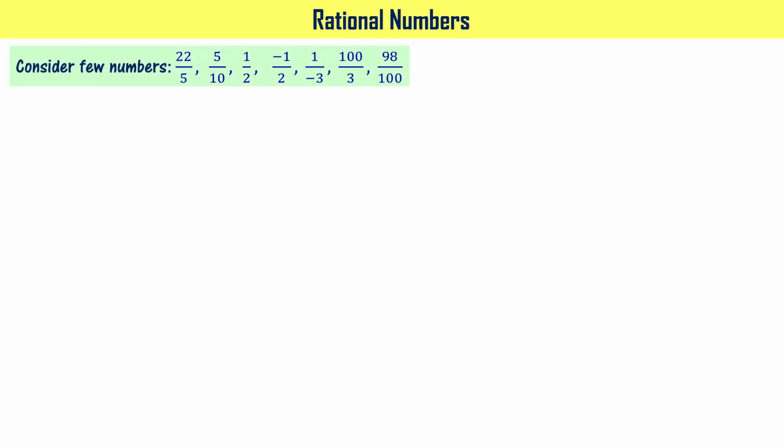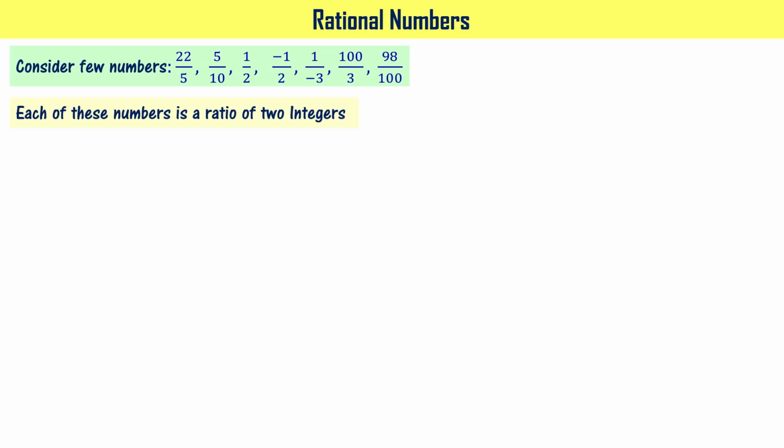Now let's understand rational numbers. Let us consider a few numbers: 22 by 5, 5 by 10, 1 by 2, minus 1 by 2, 1 divided by minus 3, 100 by 3, 98 by 100, and so on. You can consider as many numbers as required. If you observe, each of these numbers is a ratio of two integers, right?